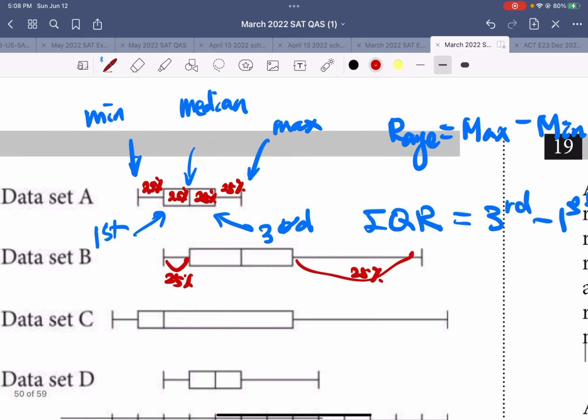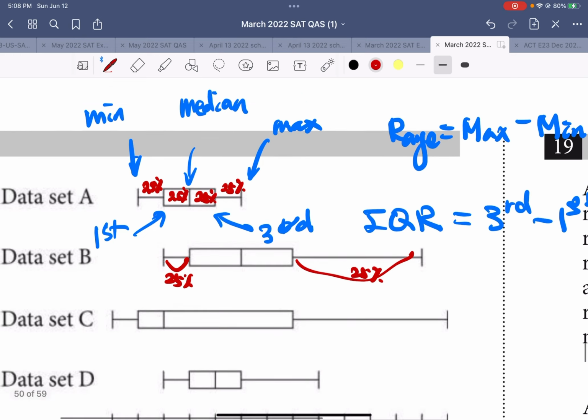Which of the data sets has a range of 6? Range is, as I said, max minus minimum. So which one? It looks like their range is 6. If you look at data set D, that is a maximum of 9, minimum of 3. So that represents a range of 6. Okay, we can move on.